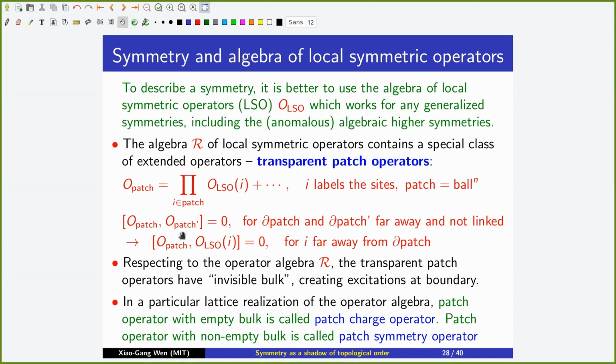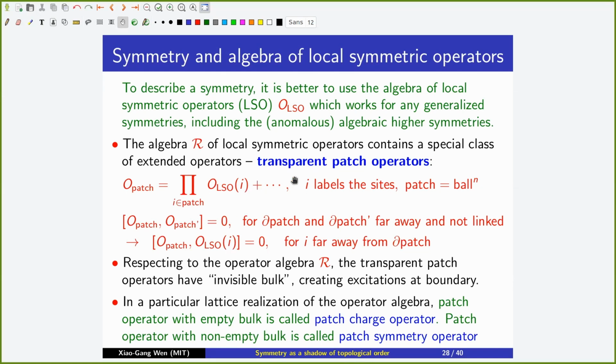We require this relation, but this implies the weaker relation. From here, you can see transparent means the bulk of a patch is invisible in the operator algebra sense. So only the boundary is meaningful. The bulk is invisible.